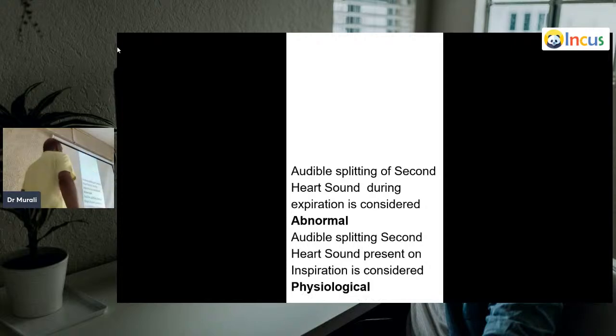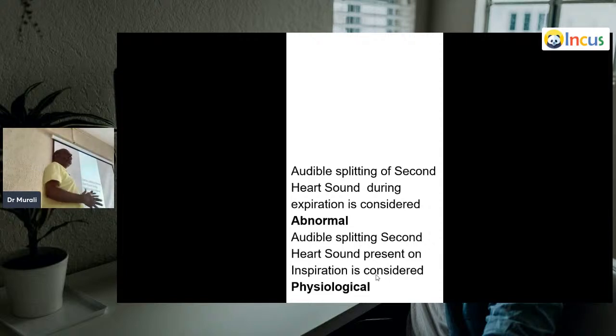Then the second heart sound. Normally the second heart sound has a split, A2 comes first, P2 comes later. Agree? So what happens during inspiration? Inspiration brings more venous return, because inspiration is what? Negative intrathoracic pressure. That brings more venous return, and that increased venous return is reaching the right atrium, then the right ventricle.